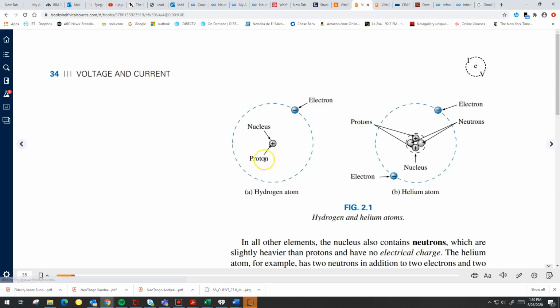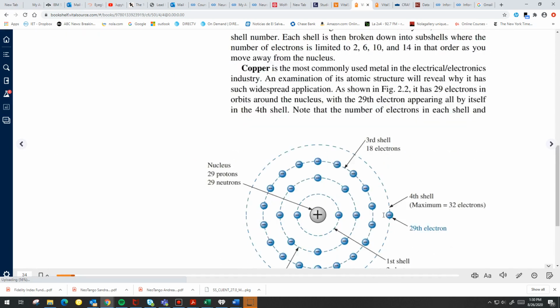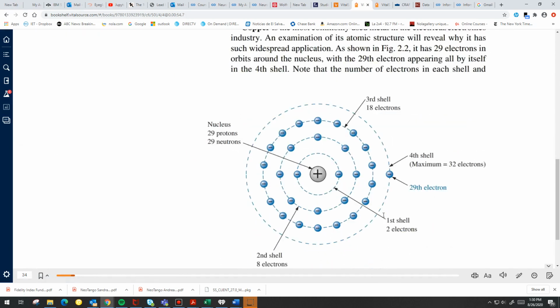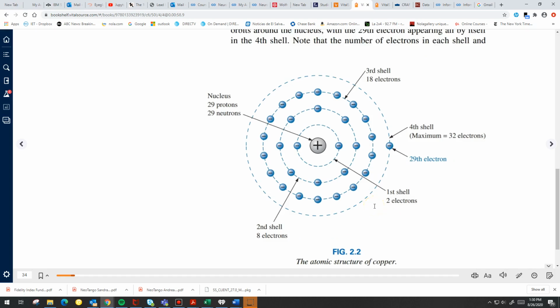But remember, before I move on, what's going to make current work is that we have this type of elements, like copper. Copper has this loose electron in the outer shell, not loose completely from its own structure, but it can be more freely moved to another atom, for example, because it's further away from the center.